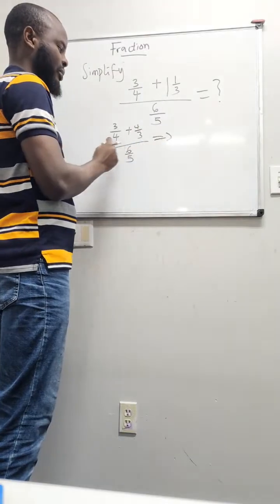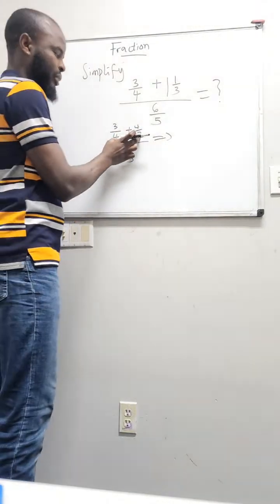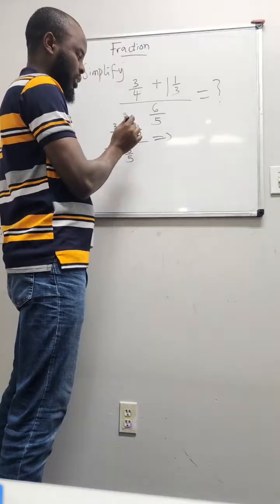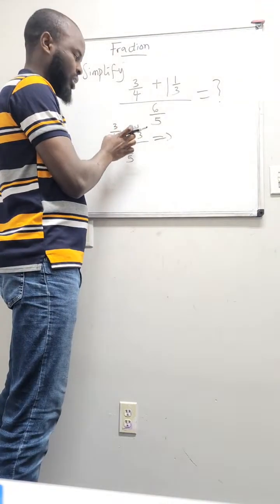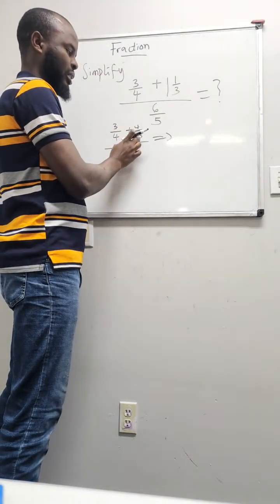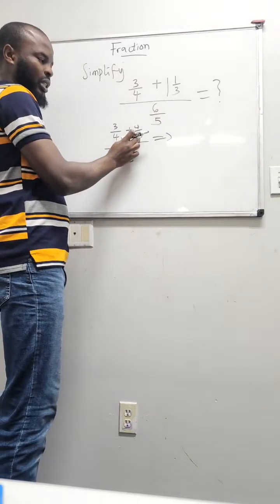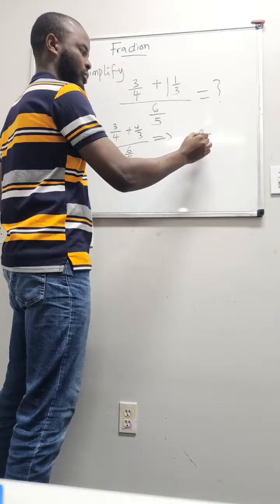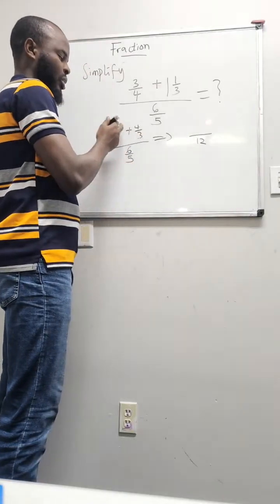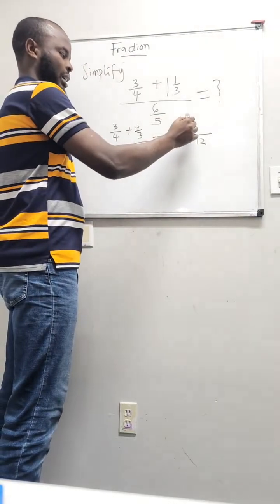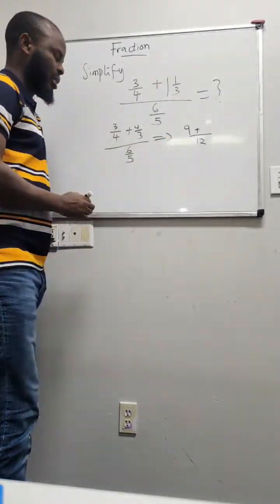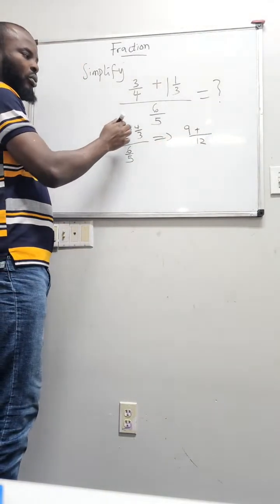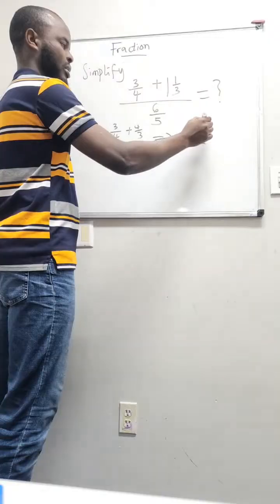Then, simplifying this numerator separately, the rule says you can multiply these two together. You have the denominator of 4 times 3, which is 12. 3 multiplying 3 gives 9. And 4 multiplying 4 gives 16.